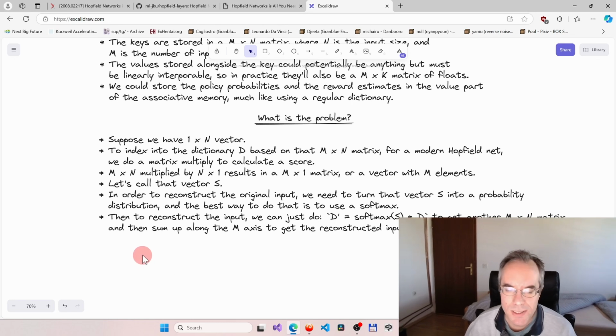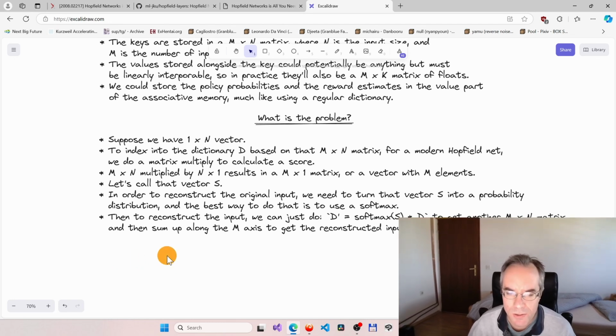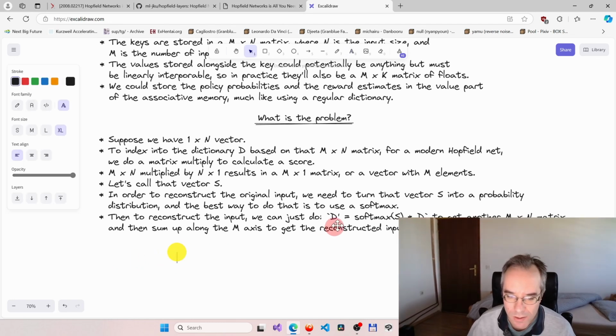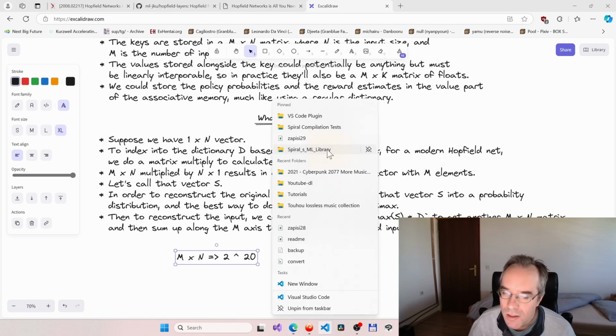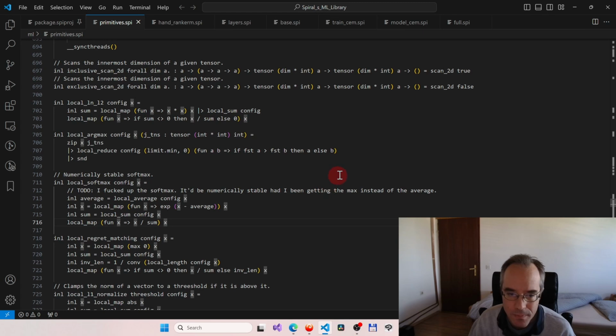So let's think about the implications of that a little. M by n matrix, and so it's like 2 to the power of 20. Let's calculate real quickly how much that would be.